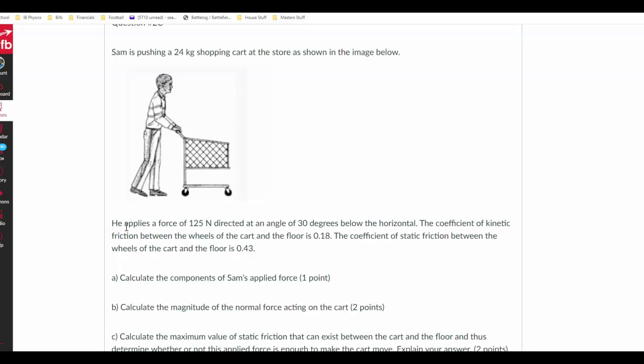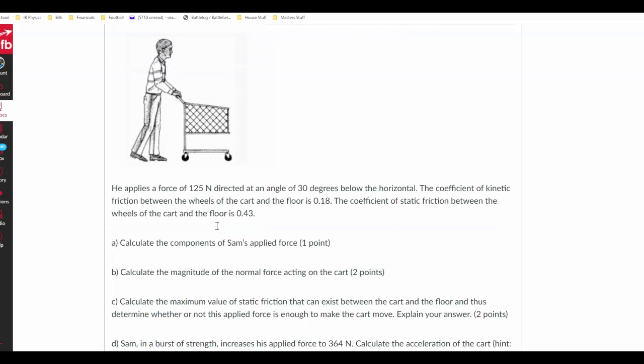The question says he applies a force of 125 newtons directed at an angle of 30 degrees below the horizontal. What that means is, if you think of what the FBD looks like, we have FG. If this is the horizontal, his applied force is at an angle 30 degrees below the horizontal. So there is the applied force. Then you have Fn going up, and you have FFK opposing that motion.